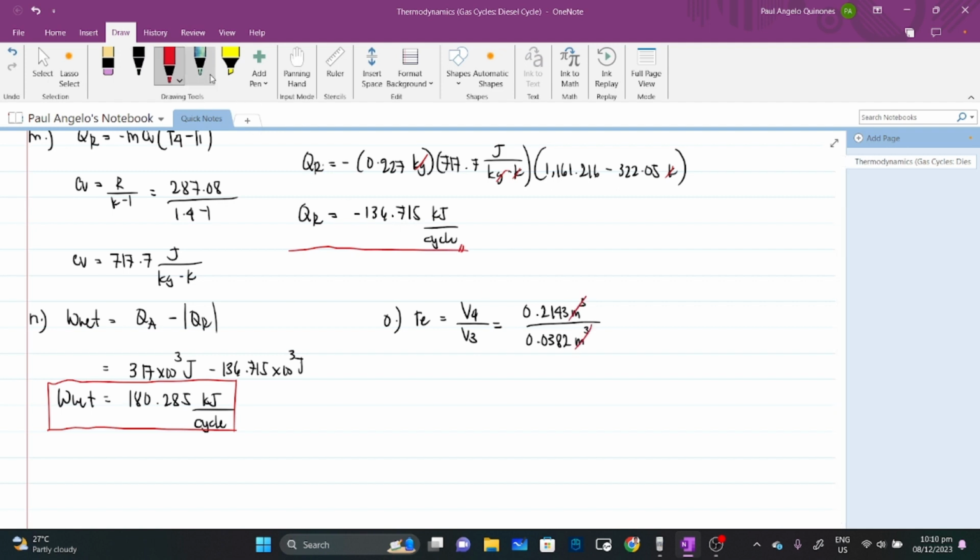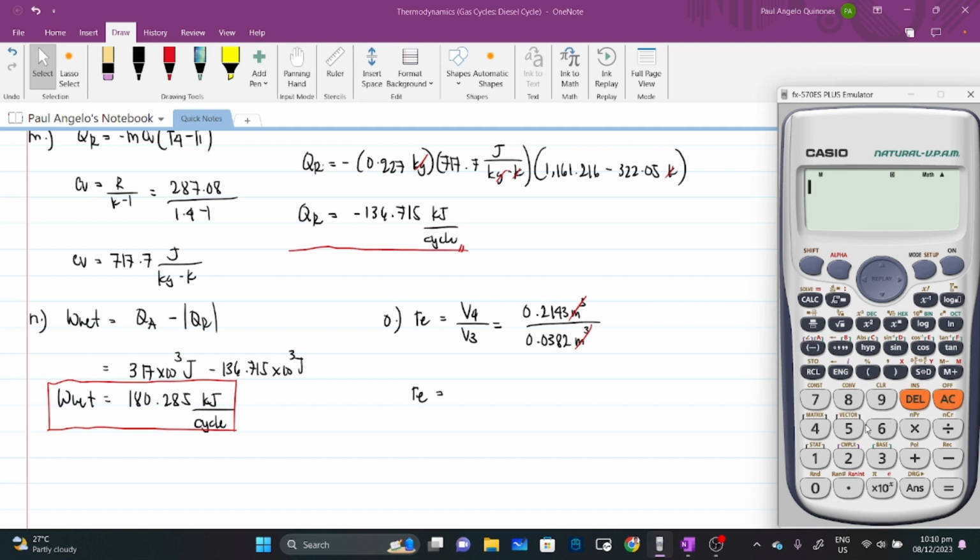So we can cancel this one. We have the expansion ratio is equal to 0.2143 divided by 0.0382. So that is 5.6.